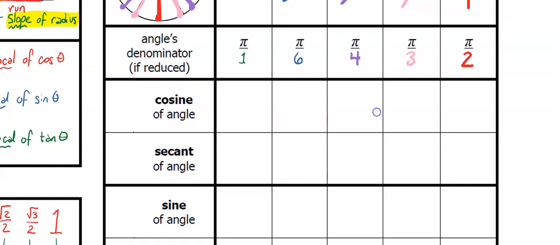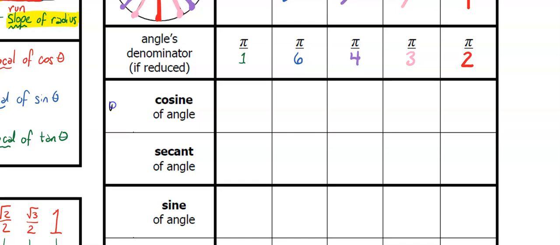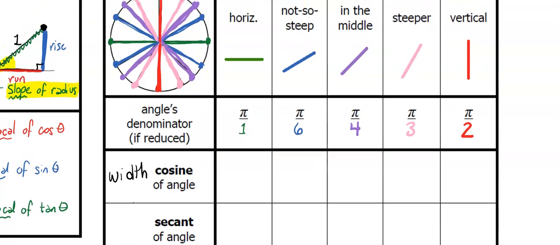As a reminder, the cosine of the angle, I'm going to think of that not just as an x-coordinate, but as the width of a triangle. So this green guy, well, that barely even counts as a triangle, but it's awfully wide, isn't it? So that's my maximum cosine, maybe positive if I'm on the right, or negative if I'm on the left.